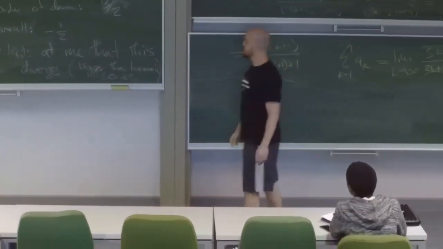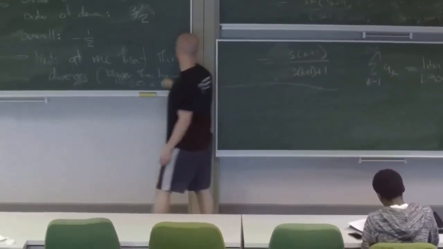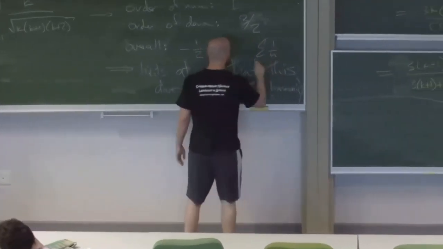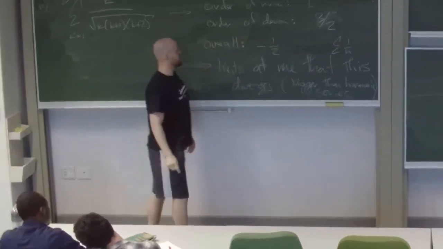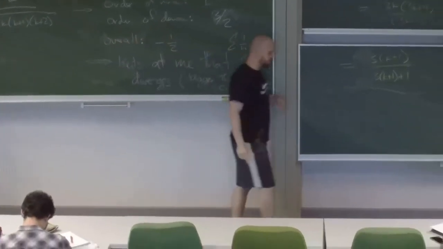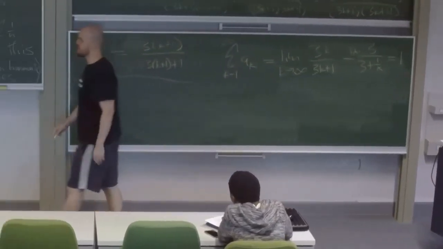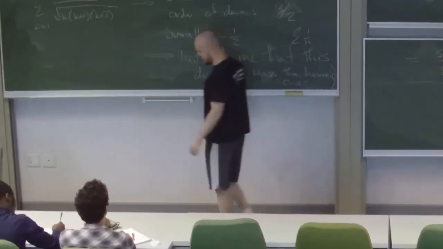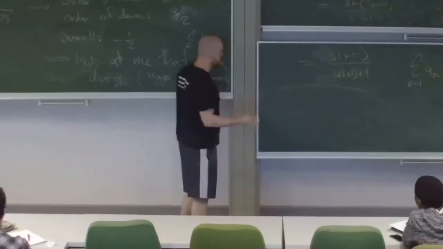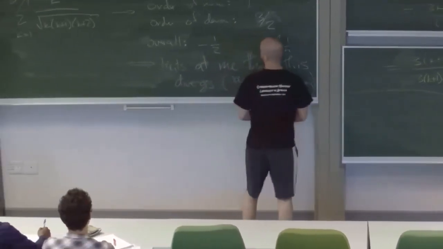I know the harmonic series diverges, and that has overall power of -1, right? It's the sum over 1 over n, and it diverges. This thing is sort of the sum over 1 over root n. So I think it's even bigger, since root n is even smaller than n, and so I think it diverges. So let's just prove that.